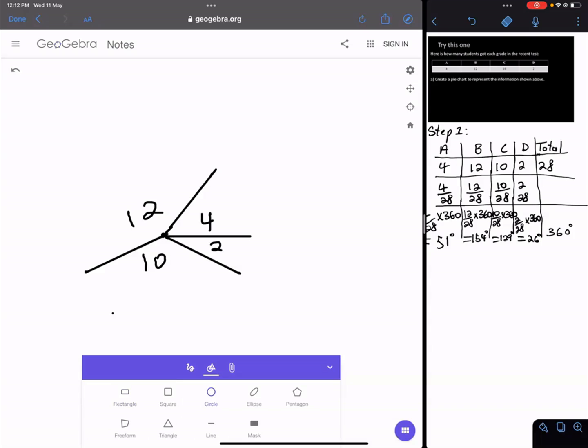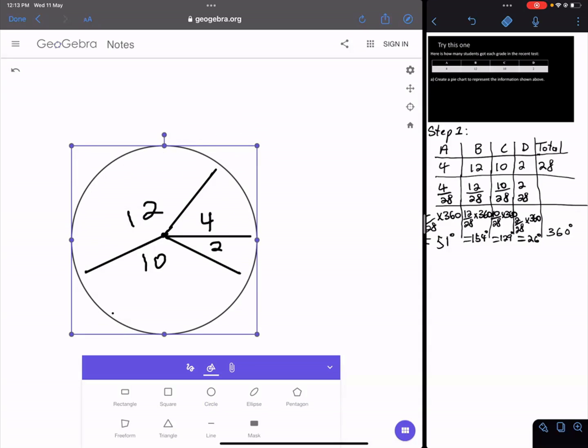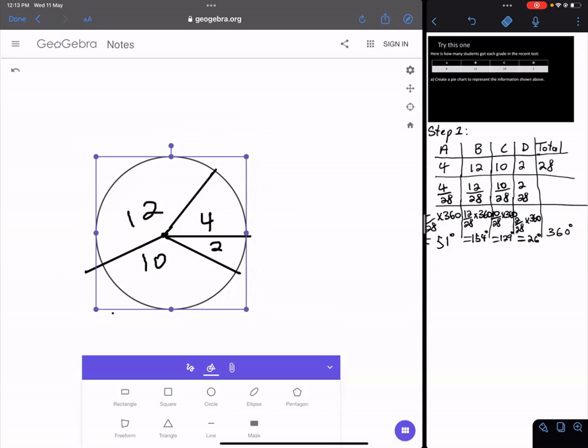Let's try to draw our circle. For you students, you'd use your compass to ensure that you have a perfect circle.